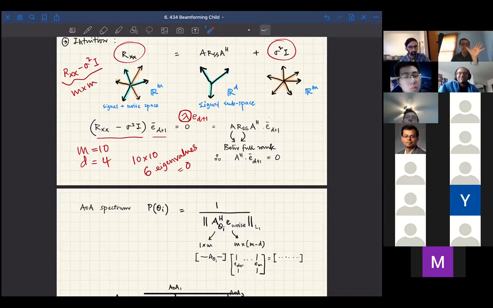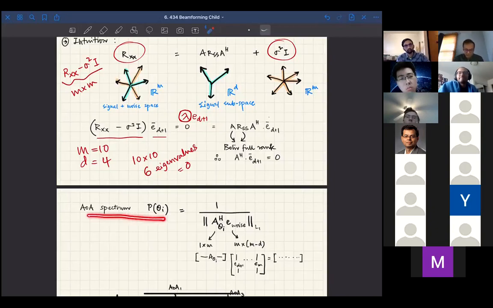I can calculate the eigenvectors of my received correlation matrix, and I can check which directions are orthogonal to those eigenvectors, and whichever direction is orthogonal to those eigenvectors, I'll say that is the direction in which the signal is coming.